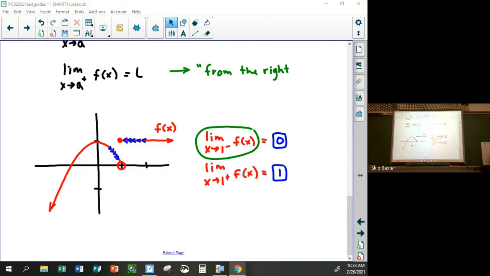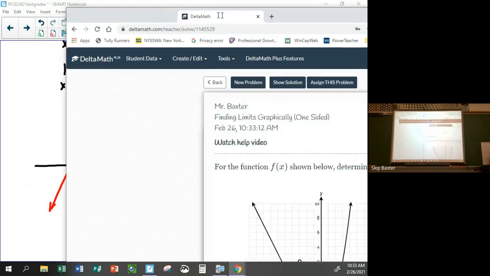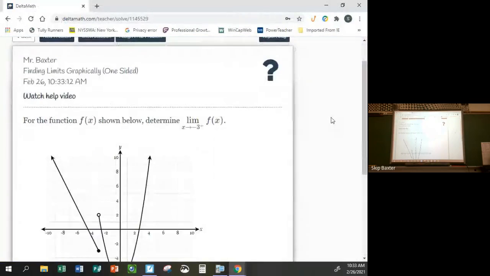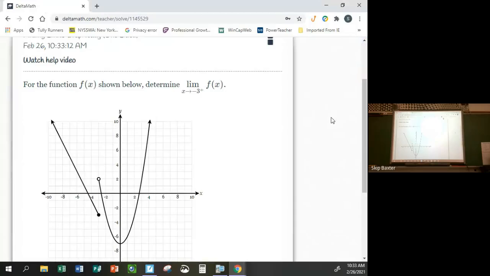So this assignment is called graphical one-sided limits. If I click on it, they give you a piecewise function, and they want you to find the limit as x goes to -3 from the right-hand side. So you're thinking, okay, this is x equals -3. I'm ignoring what's happening at that point.